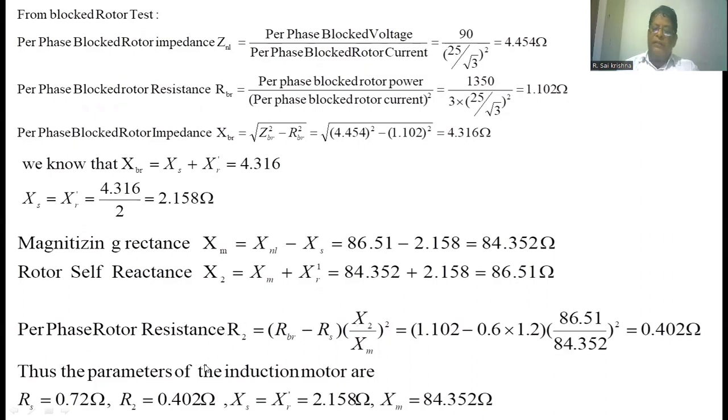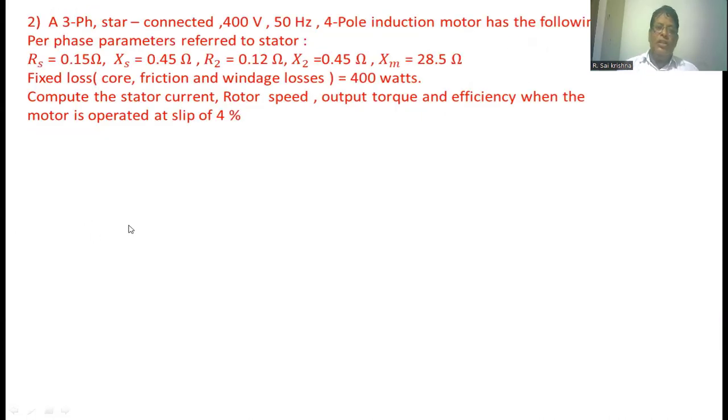Thus, the parameters of the induction motor are R_S equals 0.72 ohm, R2 equals 0.42 ohm, X_S equals X_R dash equals 2.158 ohm, and magnetization reactance equals 84.352 ohm. In this manner, we can calculate the parameters of an induction motor from the no load and blocked rotor test data. Now come to the next numerical.